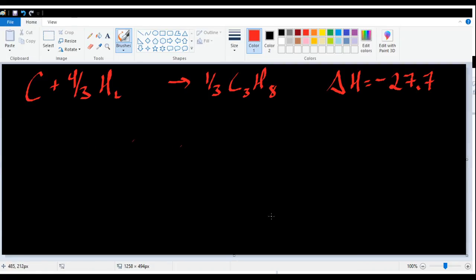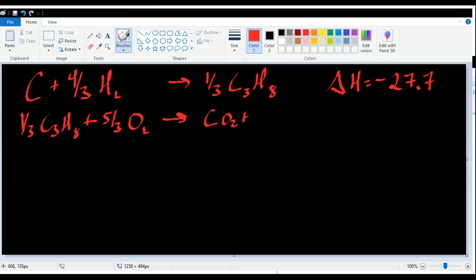That will give us 1/3 propane plus 5/3 oxygen to make 1 CO2 and 4/3 water.